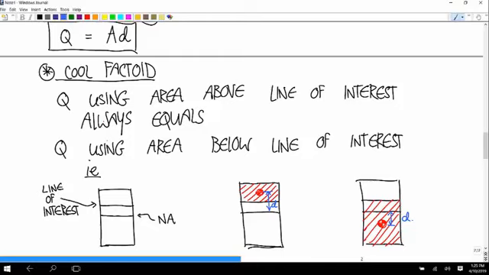Somebody prove that. You have to use integrals and stuff to do it, though. Prove it for a rectangle, though. You can all do that.